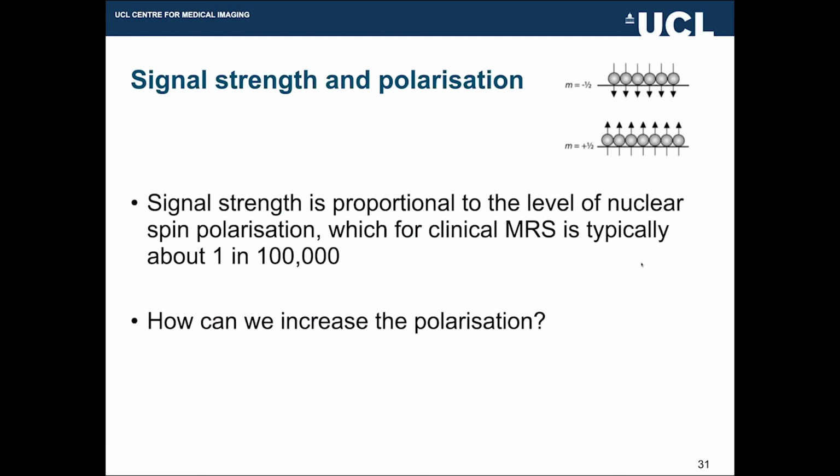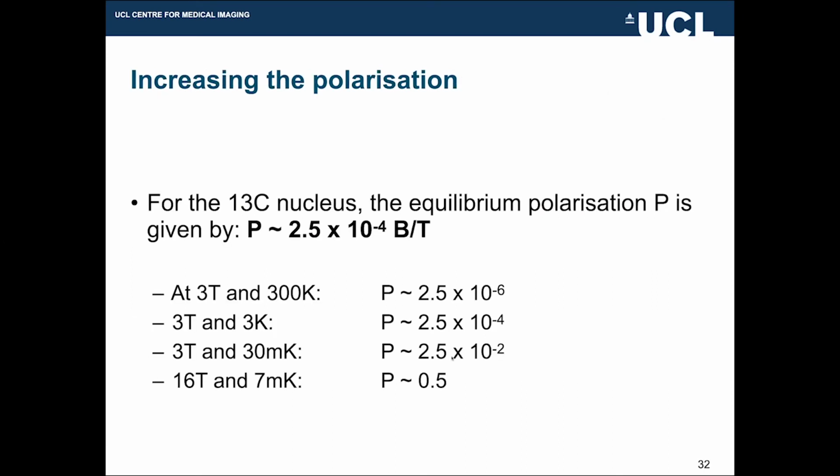There are various ways of doing that, and the easiest, simplest way is actually just to get a really big magnet. So 3T machines give you more signal than 1.5T machines. If you've got a 16 Tesla machine, you'll definitely have more signal. You might not have anywhere to put the magnet, but you'll have more signal.